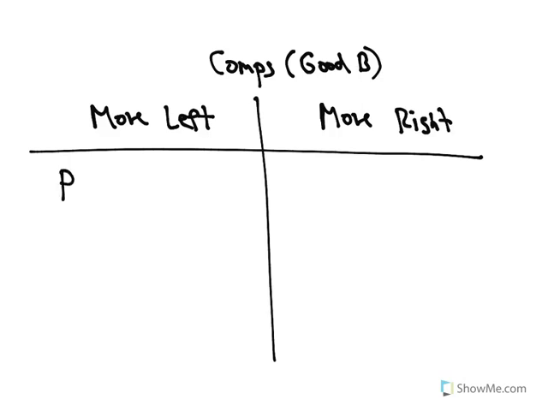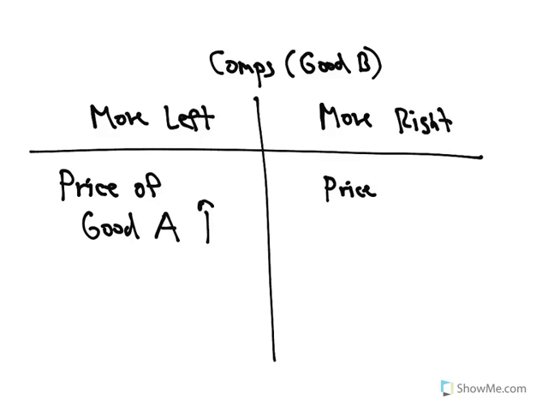To move left for good B, the price of good A would have to increase, because I buy good A and good B together. I'm buying less of good A, so I'm buying less of good B. And the opposite's also true: if the price of good A decreased, that's incentivizing me to buy more of good A and therefore more of good B.